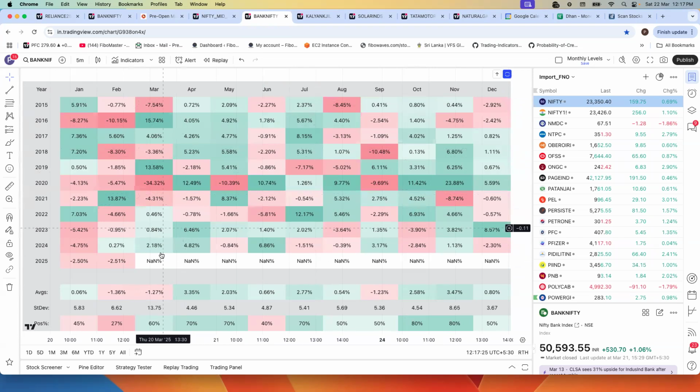So March is just positive, and it'll get more aggressive in the month of April. In April, Bank Nifty will be aggressive.